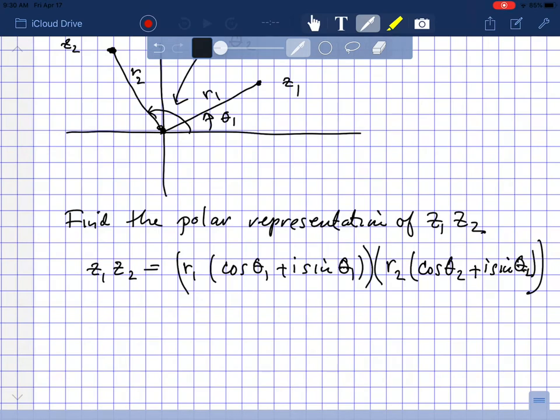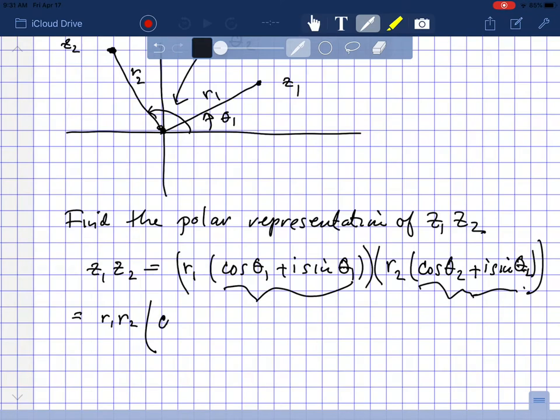Okay, and now let's multiply this out. So I have R sub 1 times R sub 2 times the cosine of theta sub 1 plus I times the sine of theta sub 1, times the cosine of theta sub 2 plus I times the sine of theta sub 2. And I have to multiply these two quantities together.